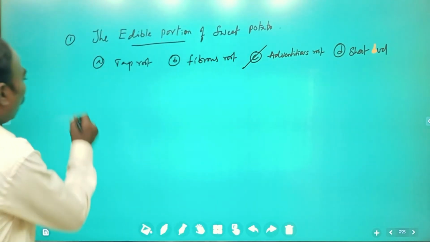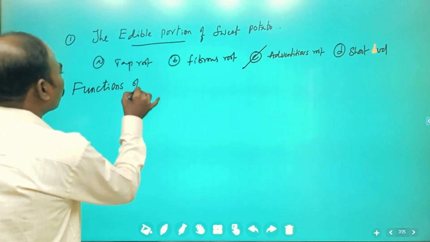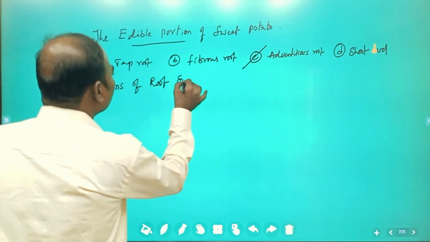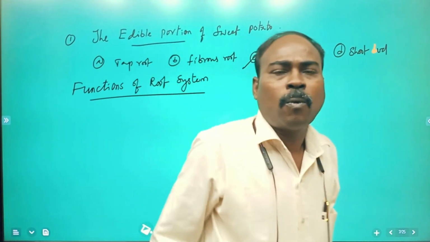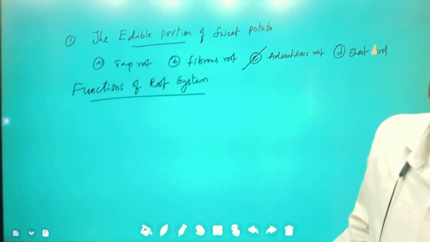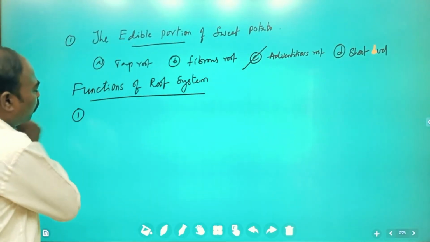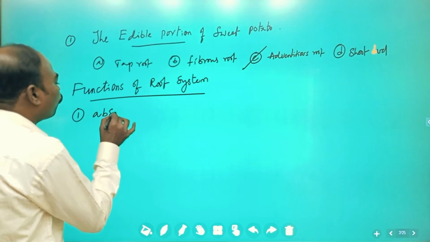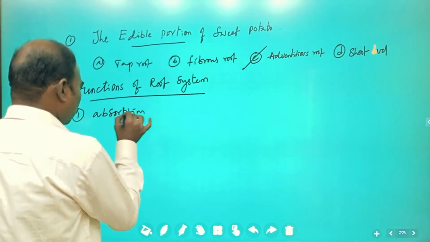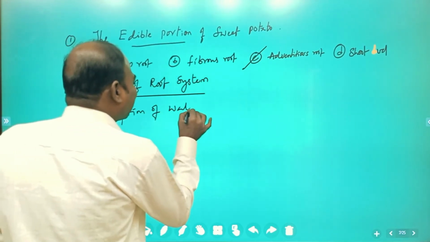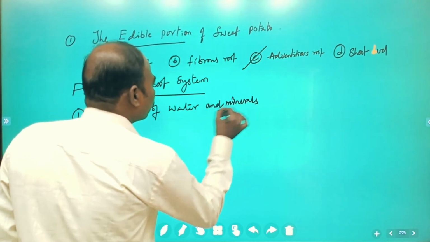Next. What are the functions of root? After completion of the root system, what is the main function of the root system? First of all, absorption of water and minerals.